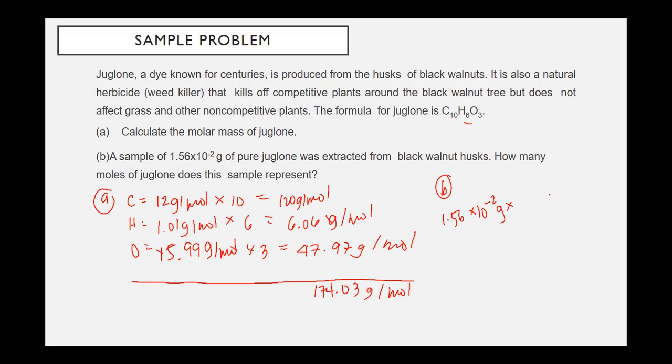So, divided by 174.03 grams will be equal to 8.96 times 10 to negative 5 mole.